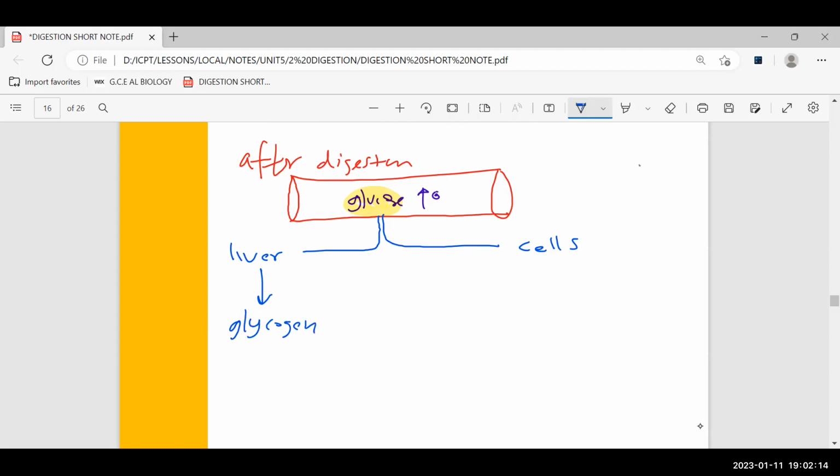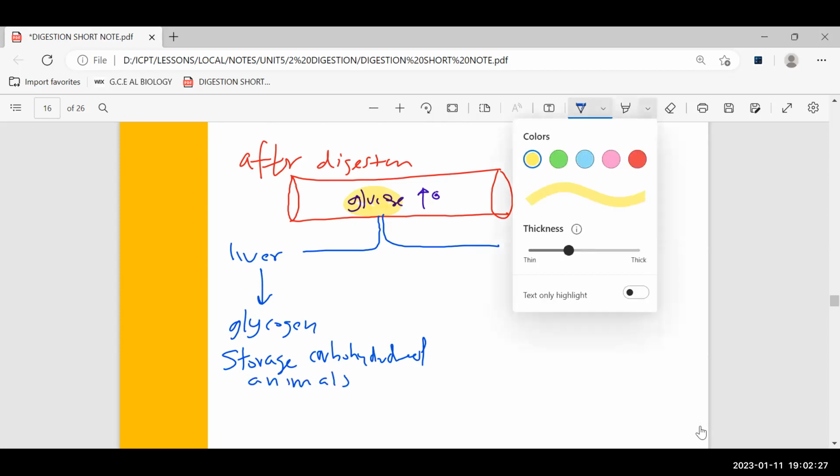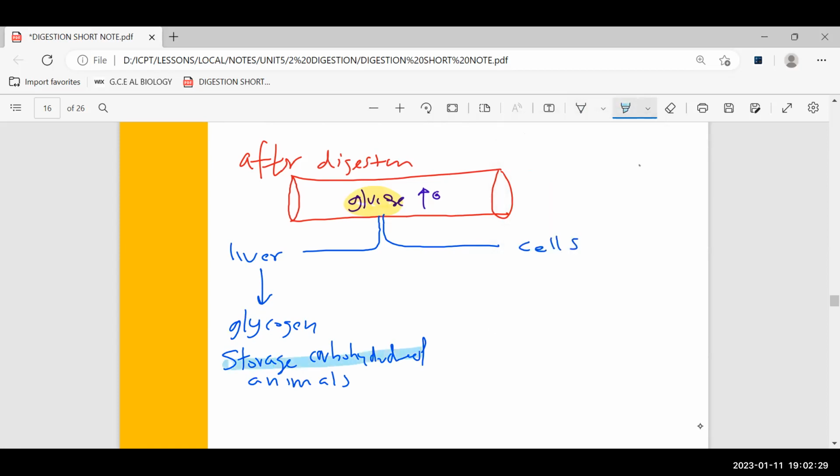So you have learned previously that glycogen is the storage carbohydrate of animals. The stored carbohydrate in animals is glycogen.